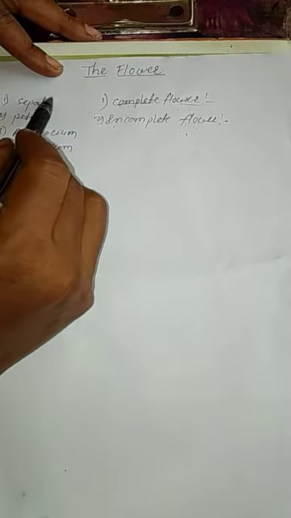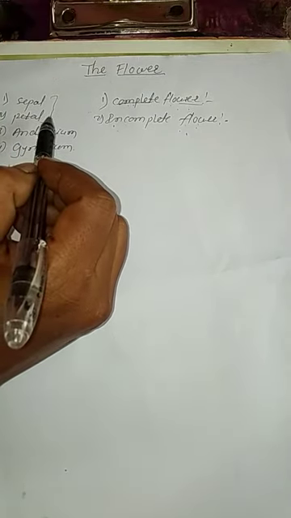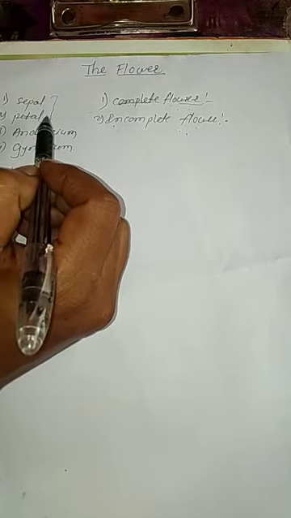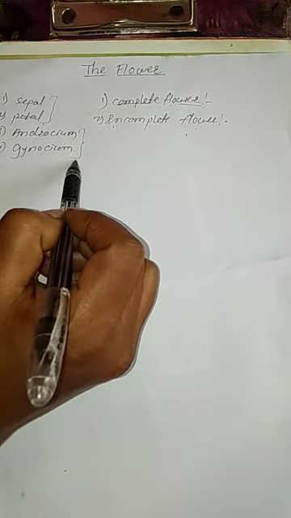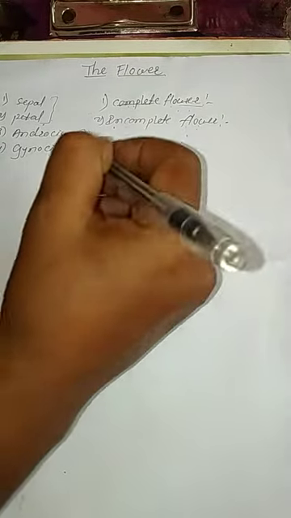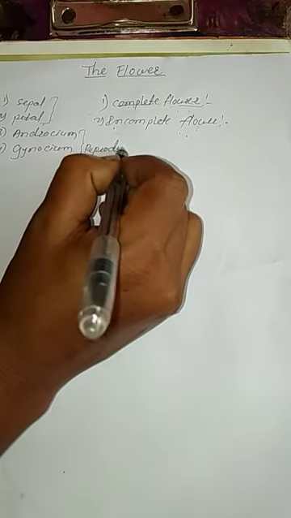See students, the petals and sepals are the non-reproductive parts of the flower. They are also called the non-essential parts of the flower. And the androecium and gynoecium, these 2 parts are the essential parts of the flower. They are the reproductive parts.